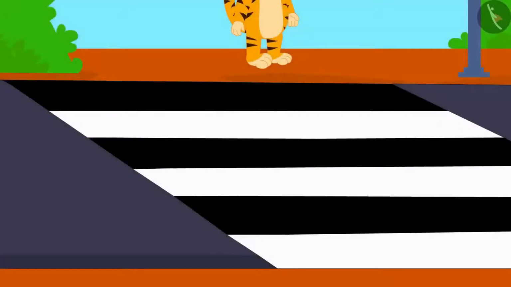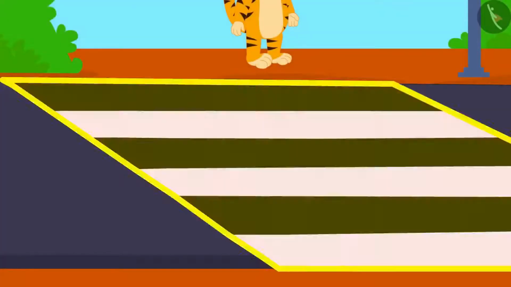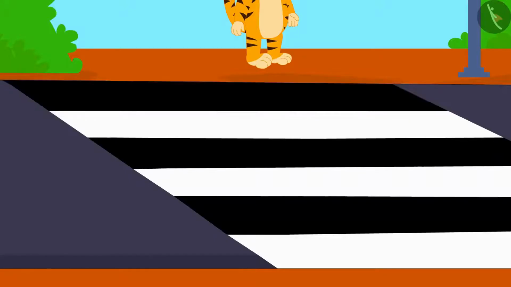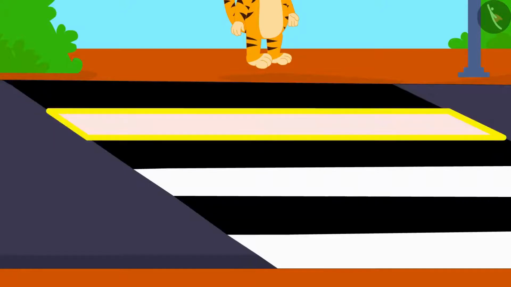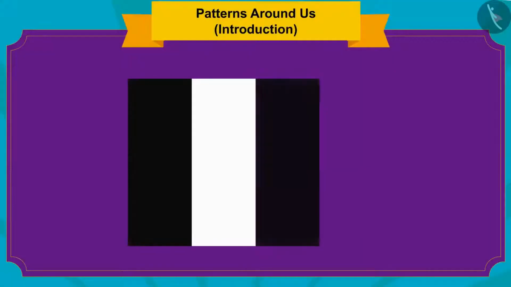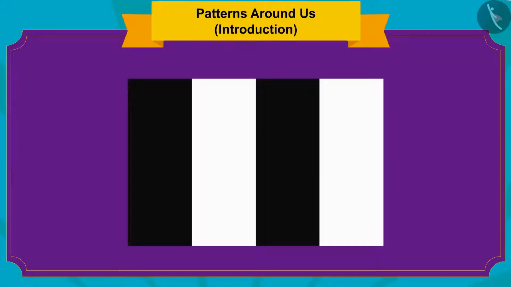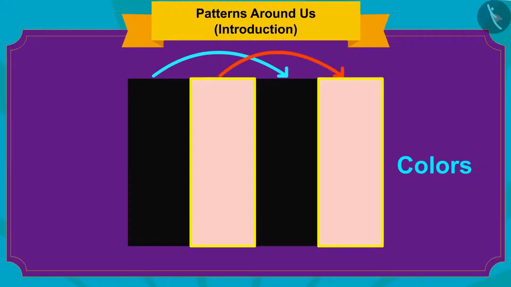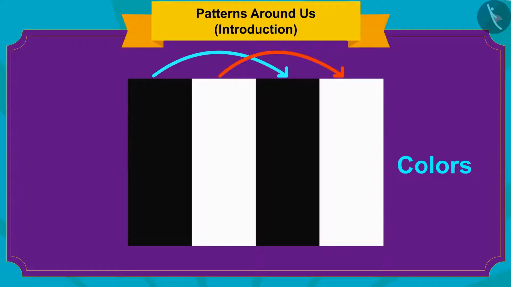For example, here there is one black band at the zebra crossing, and then the other one is a white band, and these are repeating to form the colors of the strips in this way. This is an example of a pattern in which colors are being repeated according to a rule.